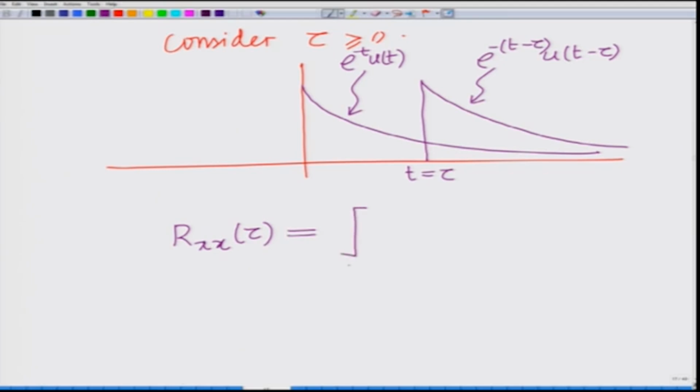is the integral from minus infinity to infinity of e to the power of minus a t u(t) times e to the power of minus a (t minus tau) u(t minus tau) dt.